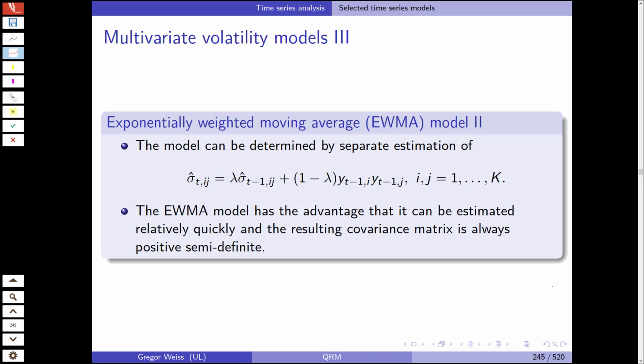Now the model can be determined and estimated by separate estimation of sigma tij, so the entry in the variance covariance matrix sigma t. Each entry is given by lambda sigma t minus 1 ij plus 1 minus lambda yt minus 1 i and yt minus 1 j. And this exponentially weighted moving average model has the advantage that it can be estimated relatively quickly. It's rather simple, and the resulting covariance matrix is always positive semi-definite.